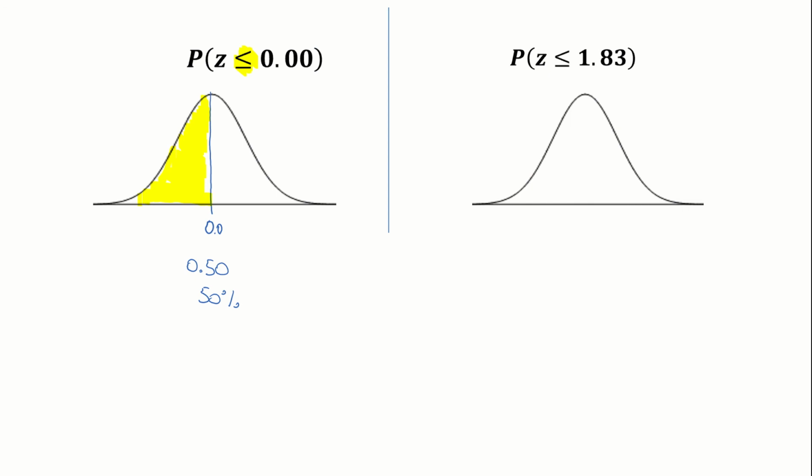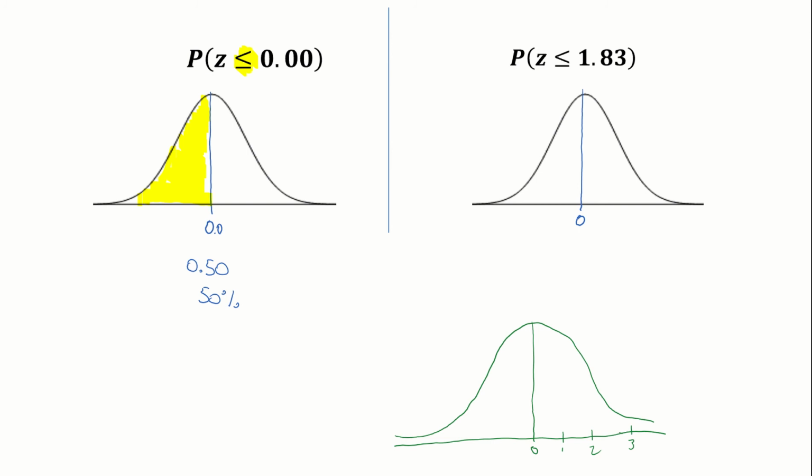Again, you draw your symmetrical curve, you mark in your 0.0, and I then mark in my 1.83. Now, how your symmetrical curve or bell curve works, if you remember your knowledge of the empirical rule, it basically looks like this. It starts at 0, then it goes up 1 deviation, 2 deviations, 3 deviations.